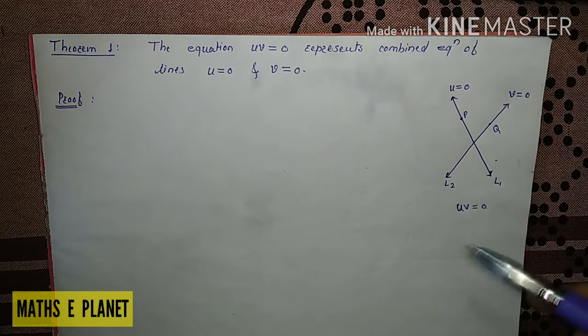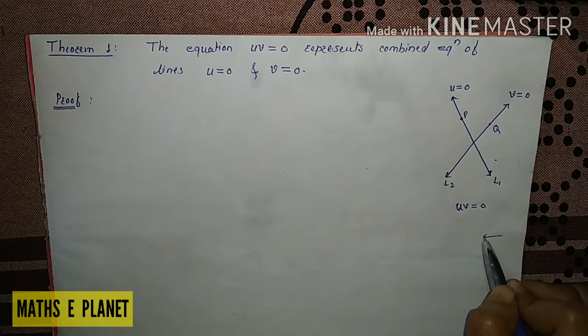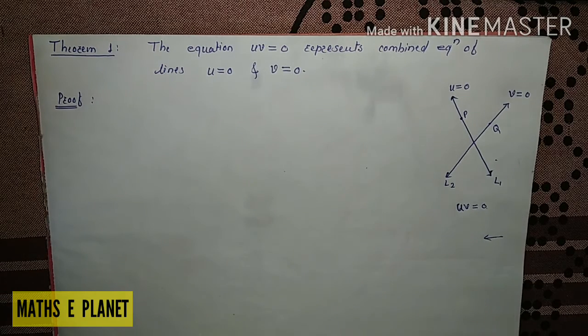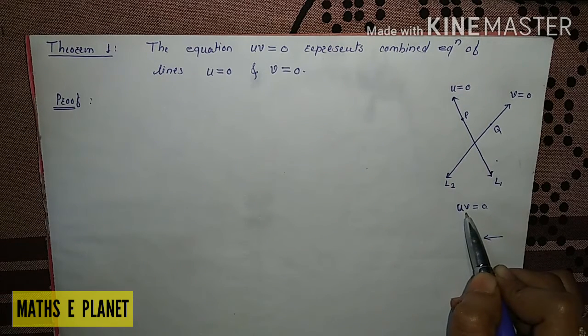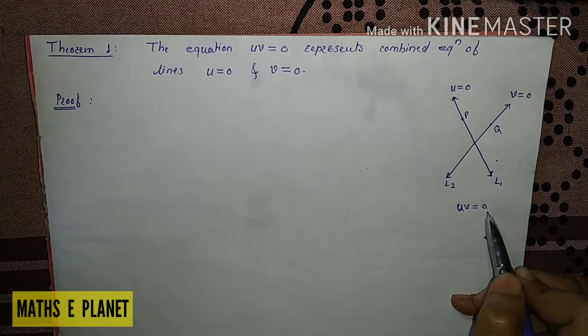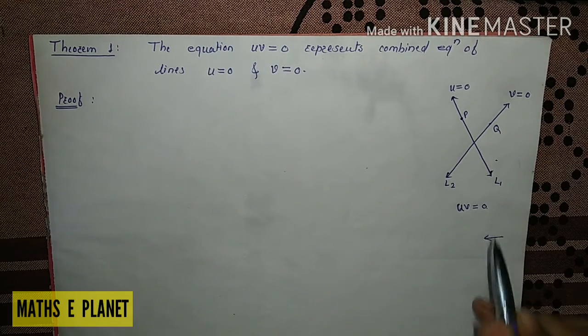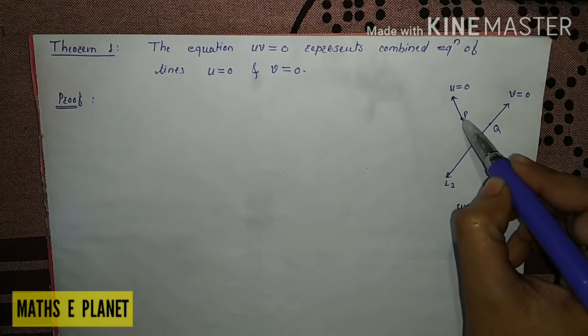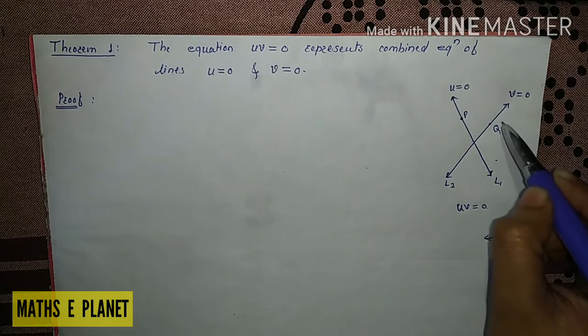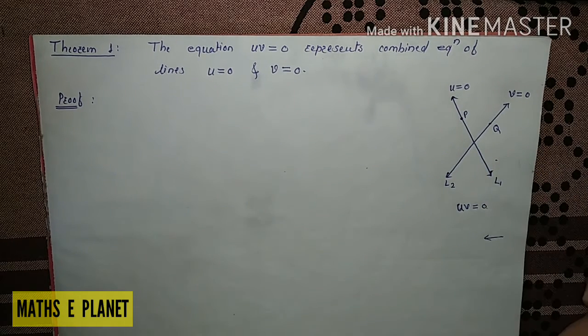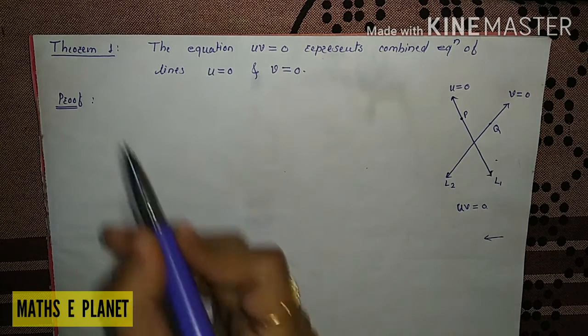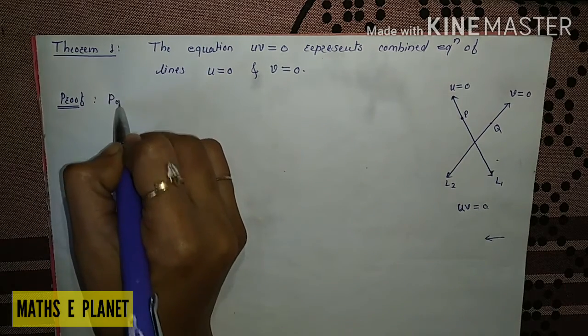And in the second part, that is the converse part, we have to prove that if we take any point on the locus u v is equal to 0, then the point lies either on the line u is equal to 0 or v is equal to 0. So let's prove the first part, that is part 1.